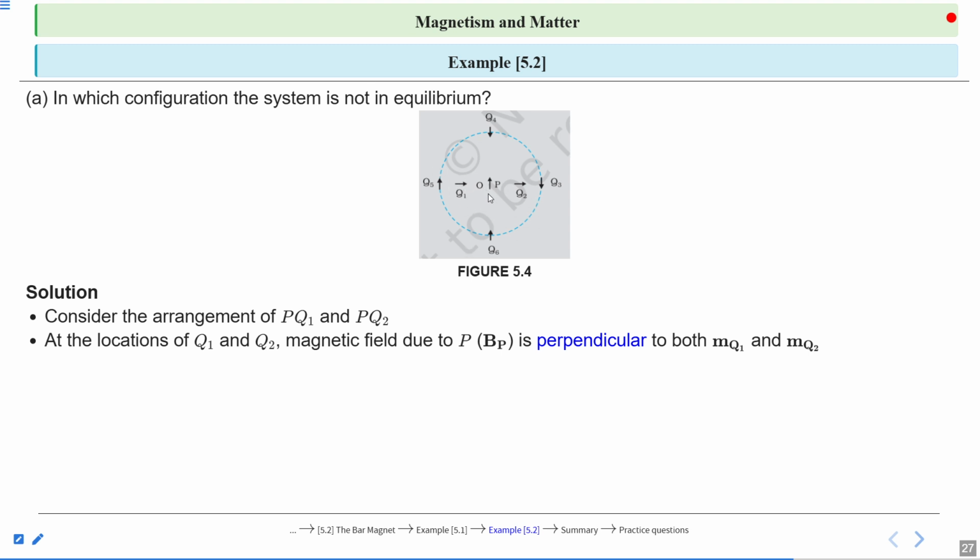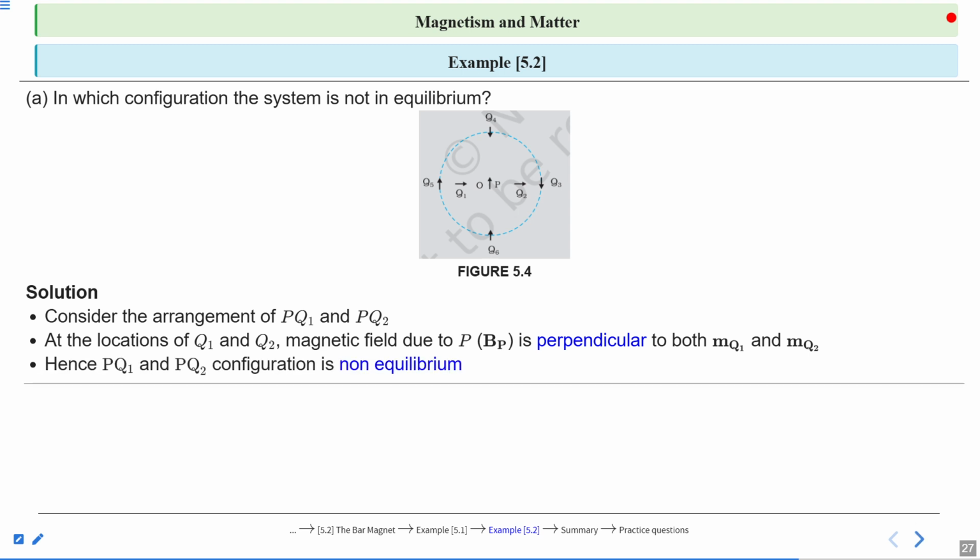Hence the PQ1 and PQ2 configurations are non-equilibrium, because the angle between the magnetic moment and the magnetic field is 90 degrees, which means U will be 0, and that is a non-equilibrium condition.